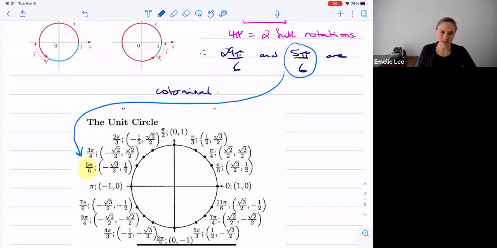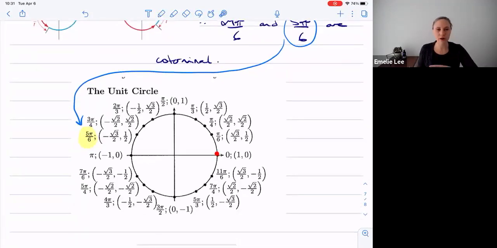What you could have done is say, well, a full revolution is going to be 12 pi over 6, because it's 2 pi, and just knowing how fractions work, a full revolution would put me at 12 pi over 6, and then another would put me at 24 pi over 6. Then you could just go in increments of pi over 6: 24 pi over 6, 25, 26, 27, 28, 29 pi over 6.